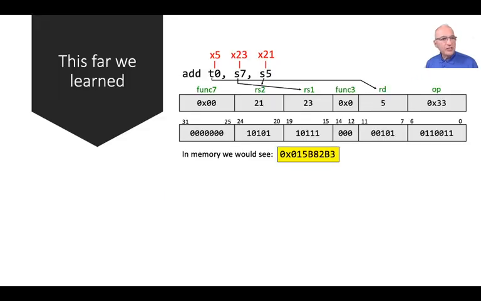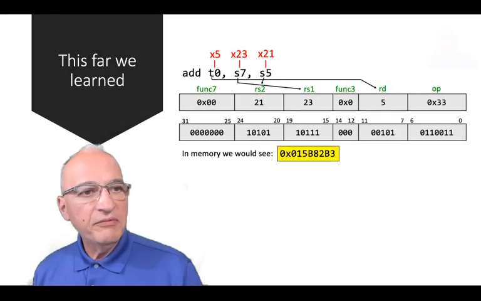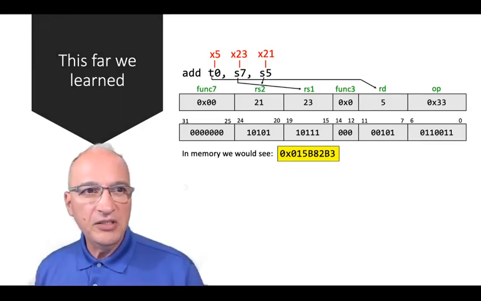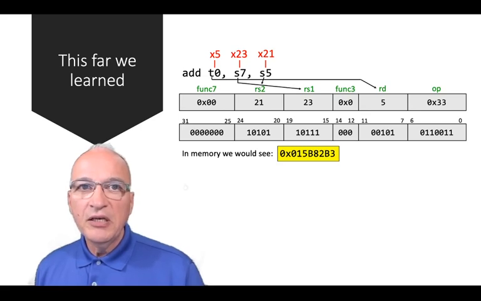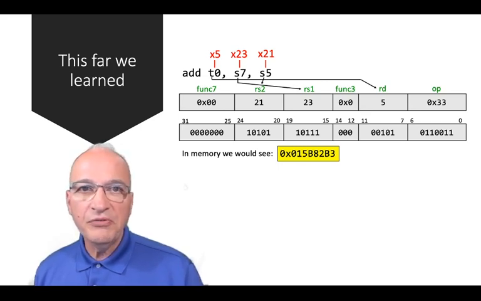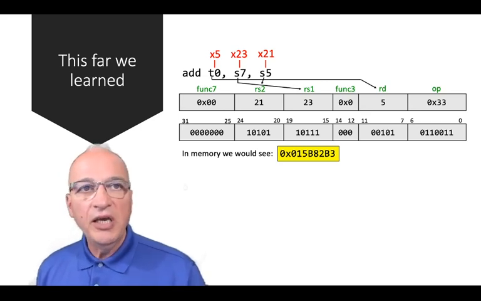So thus far in this part of the lecture, we have learned that instruction formats are very specific, and by decoding, by breaking the 32 bits into different bit fields, we can find out, looking at the opcode, what type of instruction we need to execute, and looking at the other fields, we can find out which registers the instruction is operating with, and which displacements or immediate values it has.